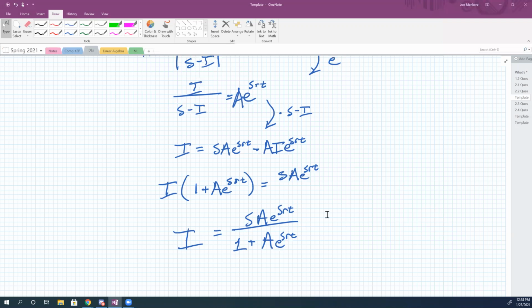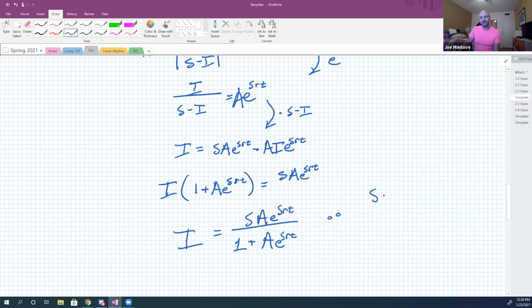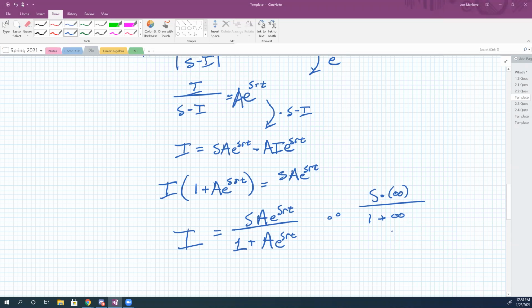Well, you're going to get infinity on the top because the E to the SRT thing is going to be basically infinity, right? And on the bottom, you're going to have S times infinity over 1 plus infinity. You see that? And you could think about it that the infinities cancel.